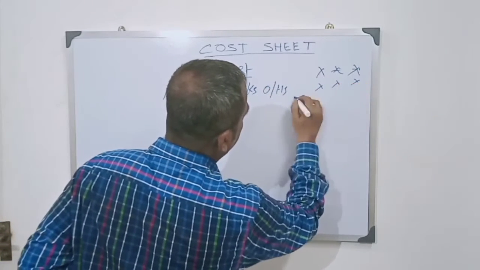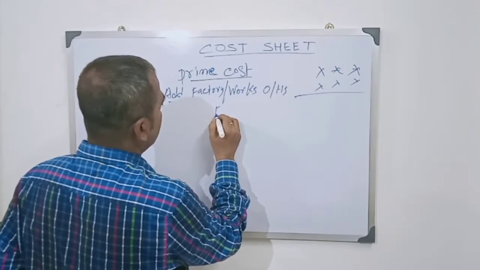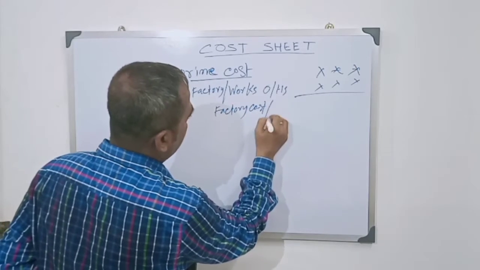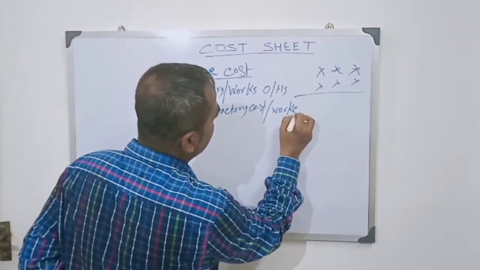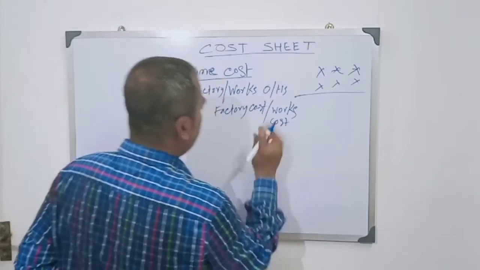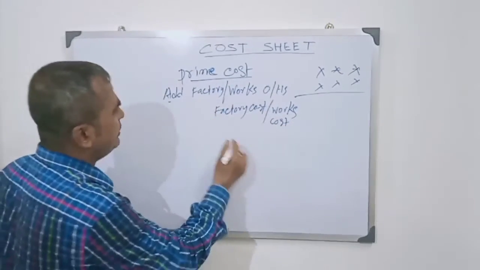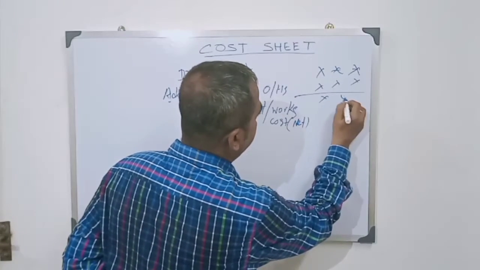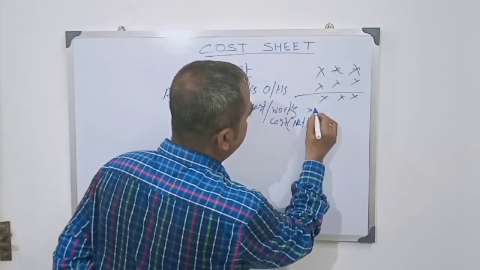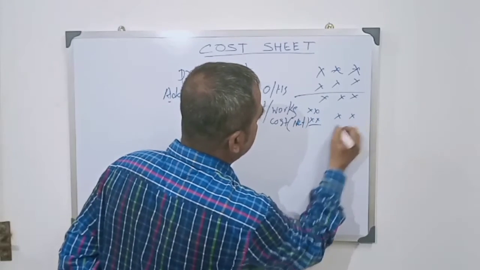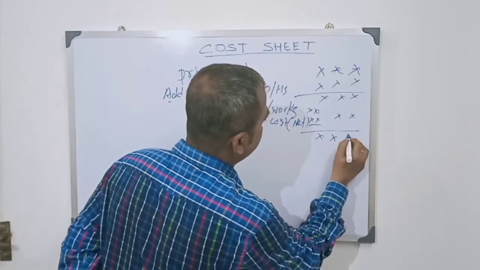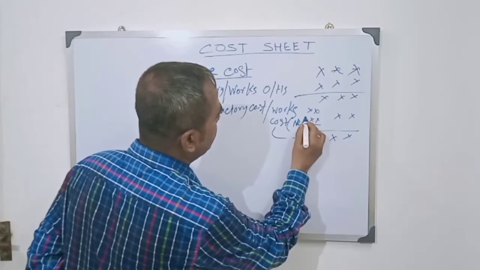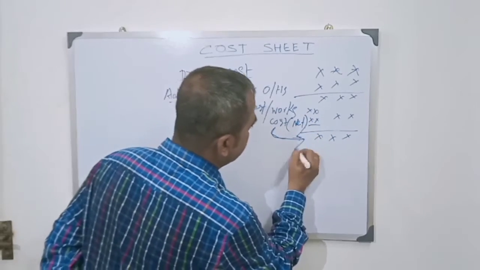We get the factory cost or works cost. Obviously, at WIP opening less WIP closing, we make the adjustment, then we get the net figure. Work cost net.